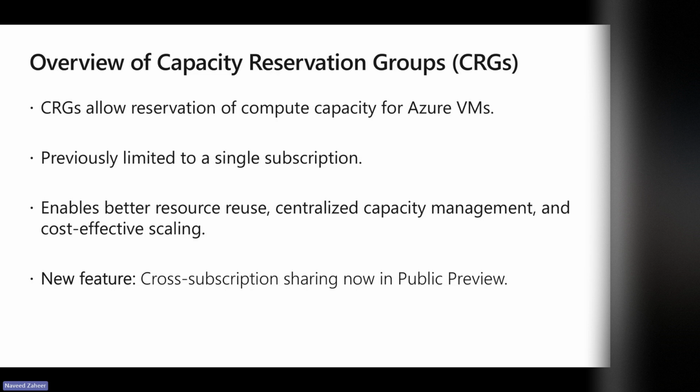As you know, when you create a capacity reservation, your goal is that you have this reserved capacity that you're going to be using for a workload. For that, you need a subscription, location, number of VMs, and the number of instances and the type of SKU, like what type of VM SKU you need.